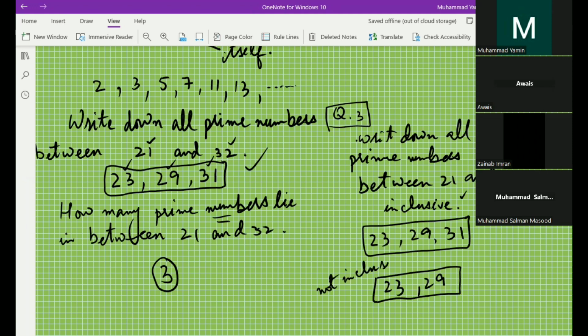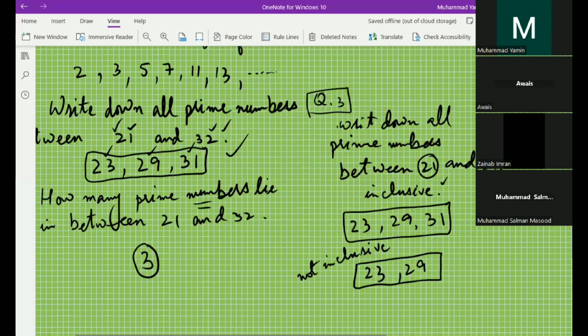The word inclusive has actually indicated the values to be included. Boundary numbers means the numbers which are given there as is, like 21 and 32, they are the boundary numbers. Like 21 and 31, they are the boundary numbers.